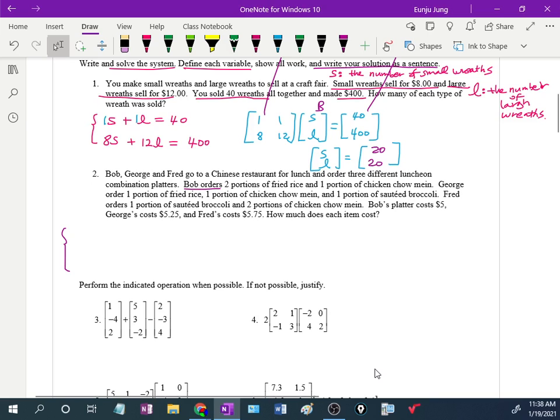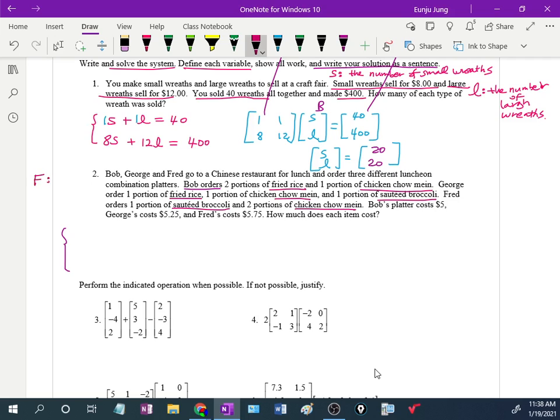Let's talk about variables first. What would you like to use for the variables? Fried rice, chicken chow mein, and sauteed broccoli. Anything else? No, that's it. So let's go with 3 letters.